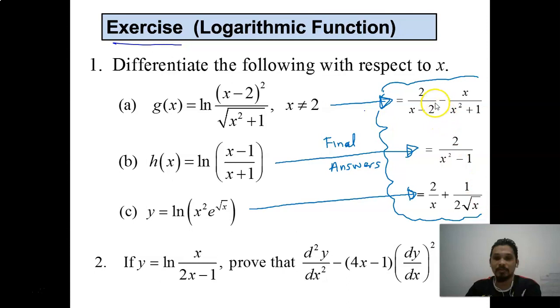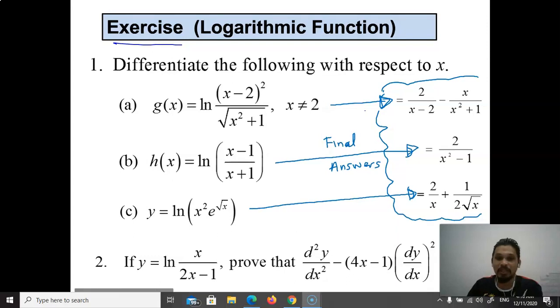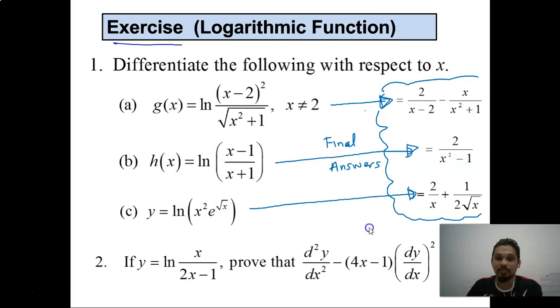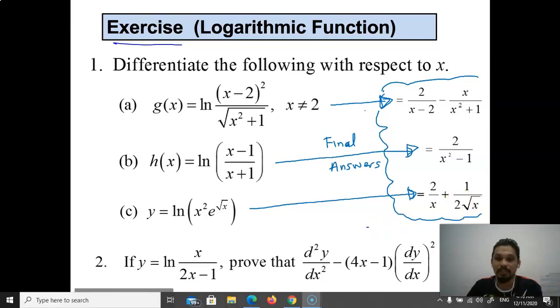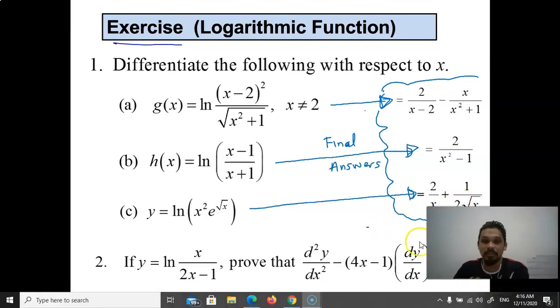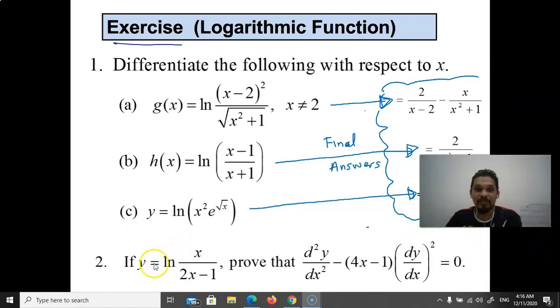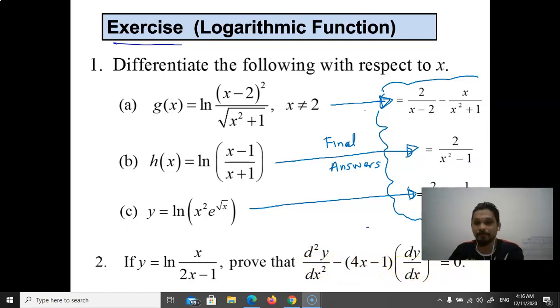Copy all these answers and try them one by one, see whether you can get them or not. If you can't solve them, bring these methods into your tutorial class. Given here, prove that the second derivative of this minus and equals 0.